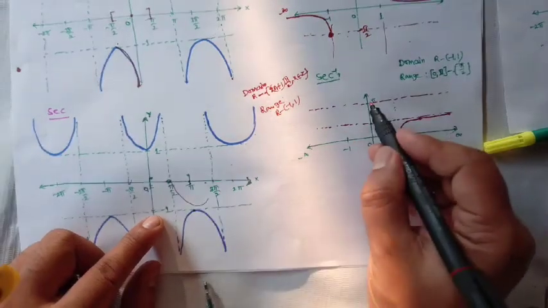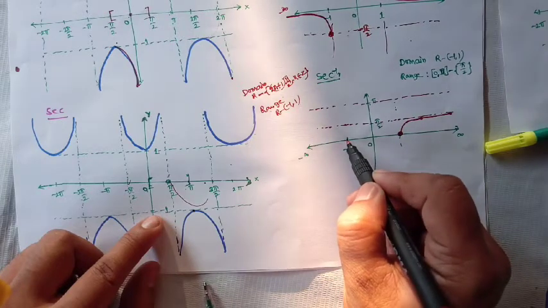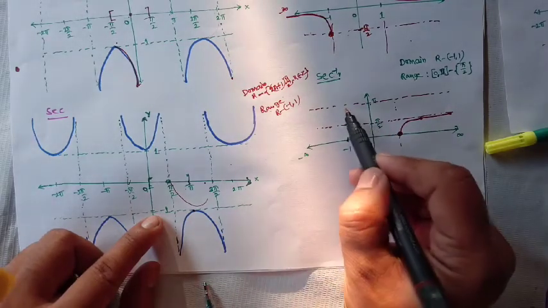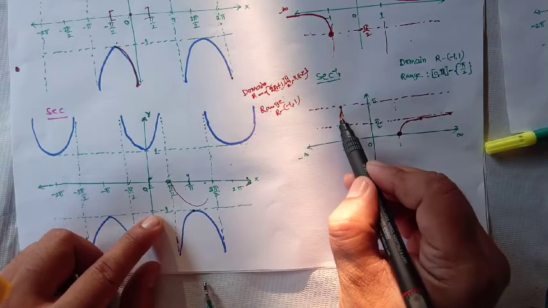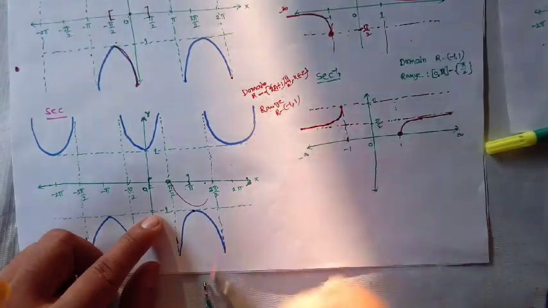So at minus 1 it should be taken as pi, so here it is, and when approaching pi by 2 it will reach minus infinity.